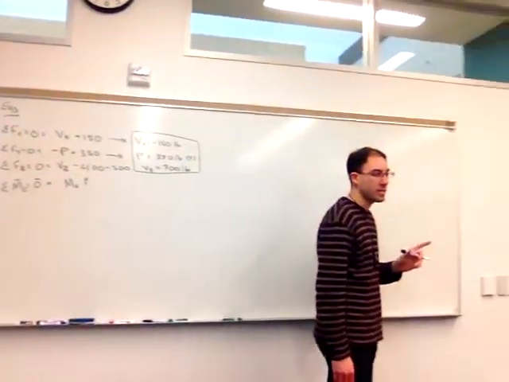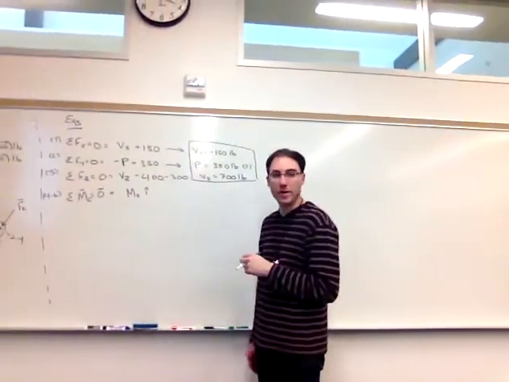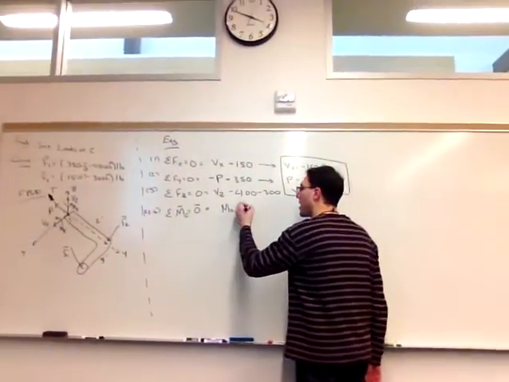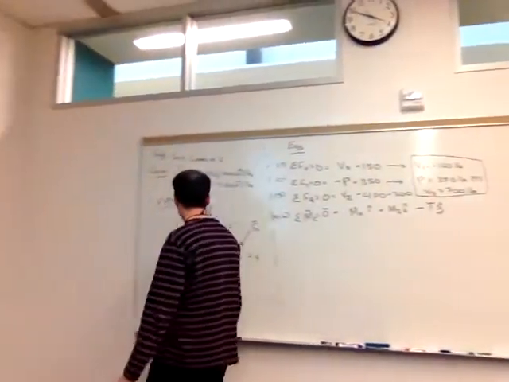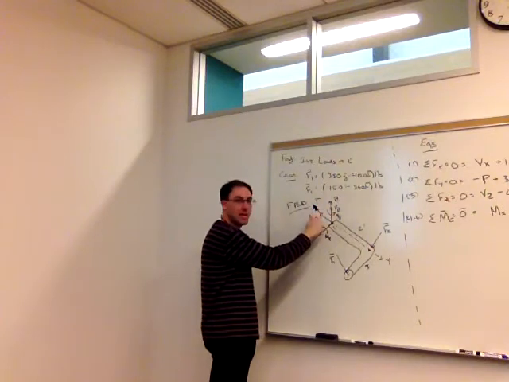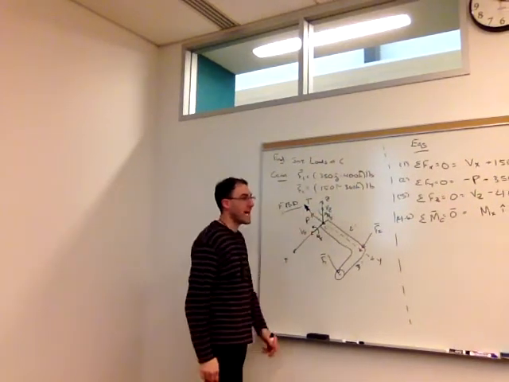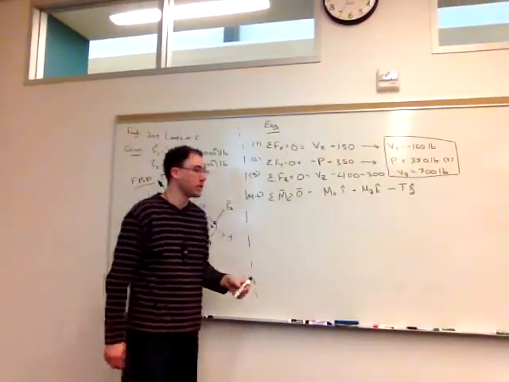Remember, when we do this vector method, everything needs an i, j, or k attached to it. So Mx is around the i, Mz is positive around the k. So according to our coordinate system, T is counterclockwise around the negative y direction, so it's going to be a negative T in the j. These signs are determined by the coordinate system that we chose.